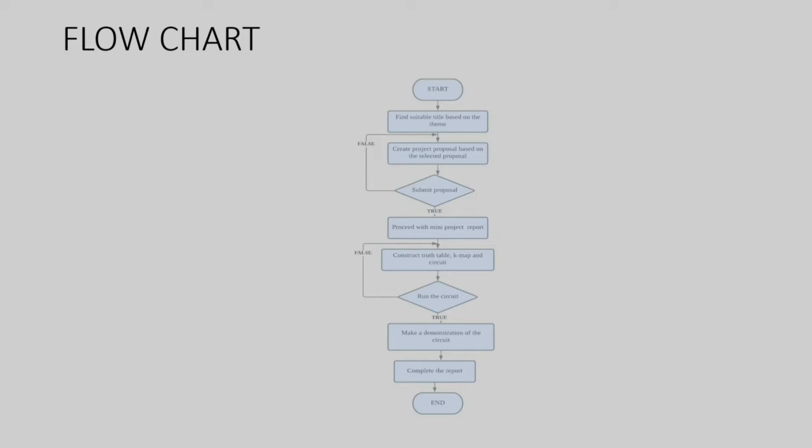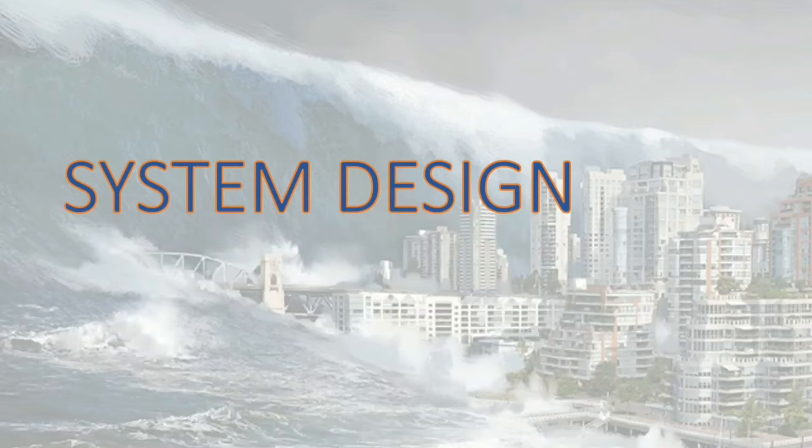From the truth table, I construct and run the circuit. If my circuit cannot be run, I start back with constructing the truth table, K-map, and circuit. And if my circuit can be run, I will make a demonstration of the circuit and complete the report.